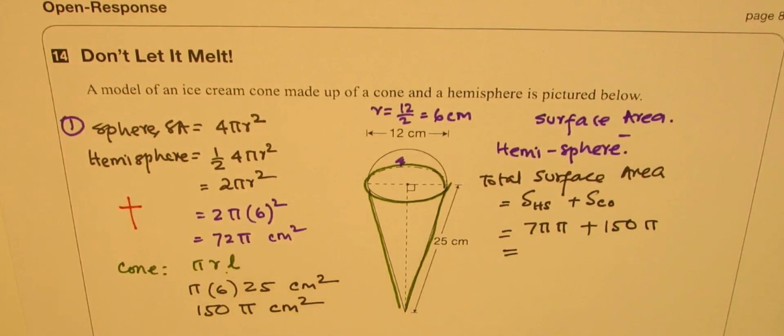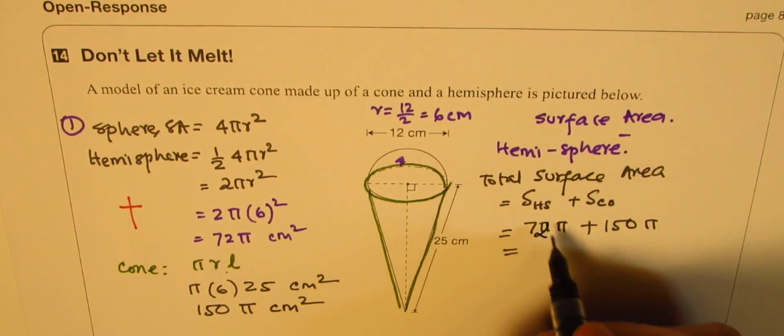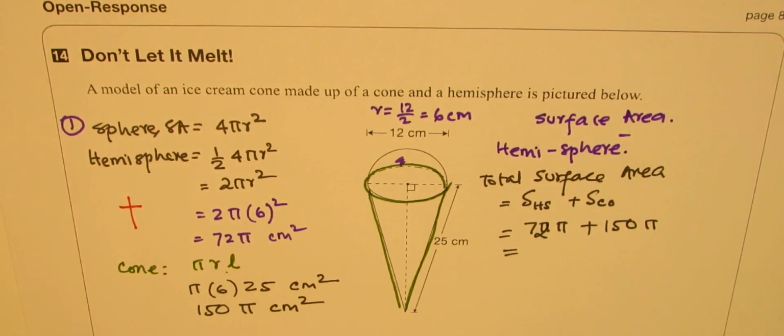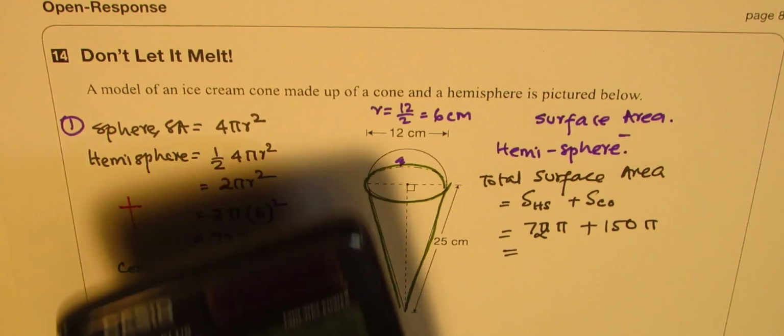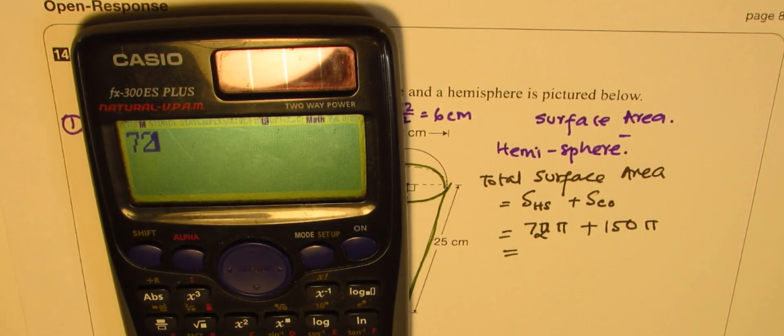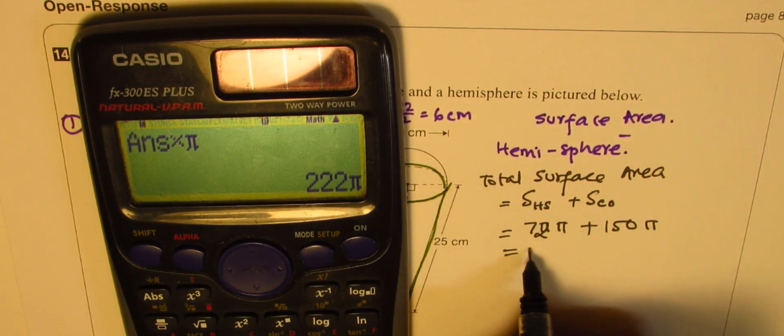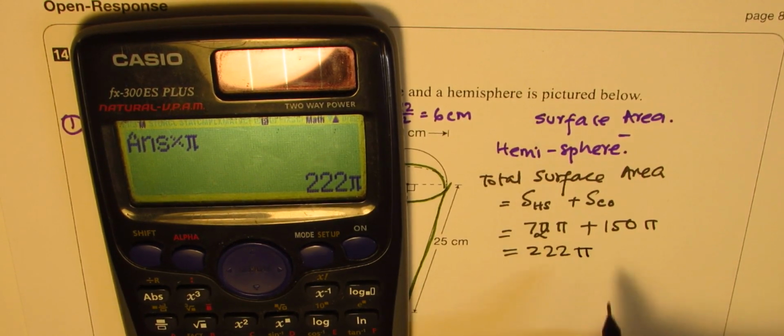So let's add them up. We'll add 72 plus 150 and then multiply by pi, which is 3.14. So it gives you 222 pi. So that is the surface area.